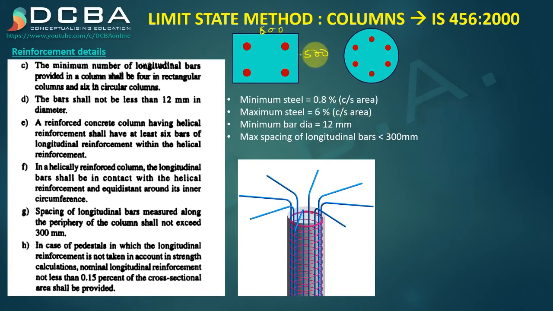No, if the distance between them is too high, you will have to provide a bar in between. Same way here. Okay, so those bars need to be provided, and maximum spacing should be less than 300. Minimum steel for pedestal is 0.15% of the cross-sectional area. So that is the last point.